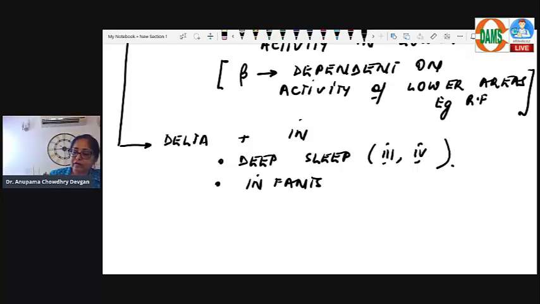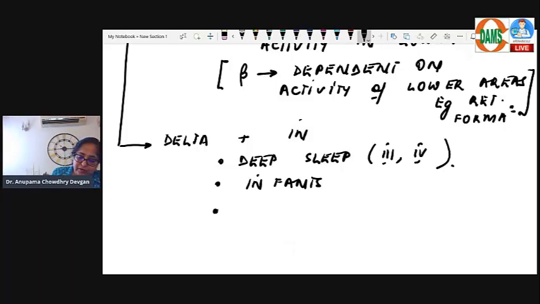RF is reticular formation, we've done this already. I've been saying reticular formation, ascending reticular activating system. Now, delta is present in deep sleep, stages 3 and 4 of NREM sleep, in infants.